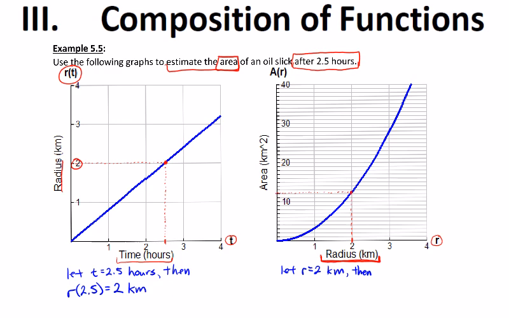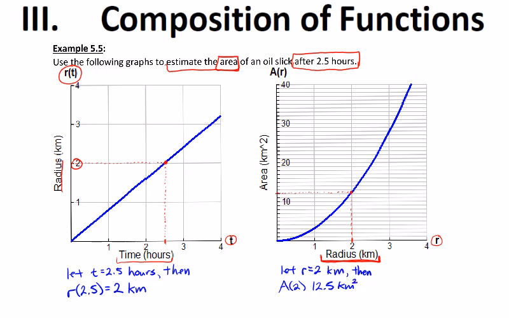Without the actual equation in front of us, the graph is only going to be able to estimate at best. So it looks like it's 12, 12.5, somewhere in that range. So I would say that A of 2 is equal to 12.5 kilometers squared.